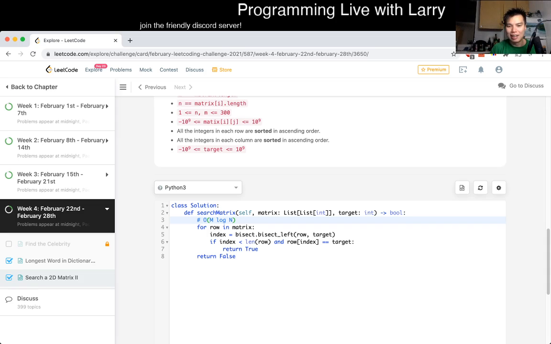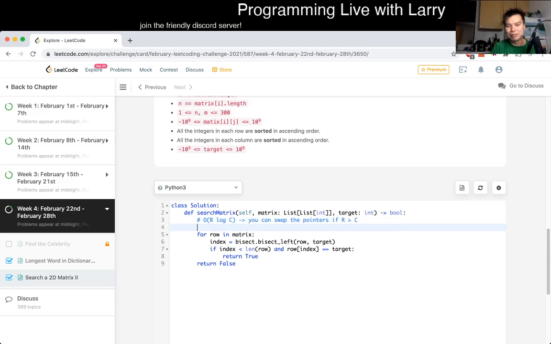So basically, for each row, you have log c. Maybe that's a better way of doing it. You can swap the pointers if r is greater than c. And of course, this is all O(1) space, because we don't really do anything else, right?